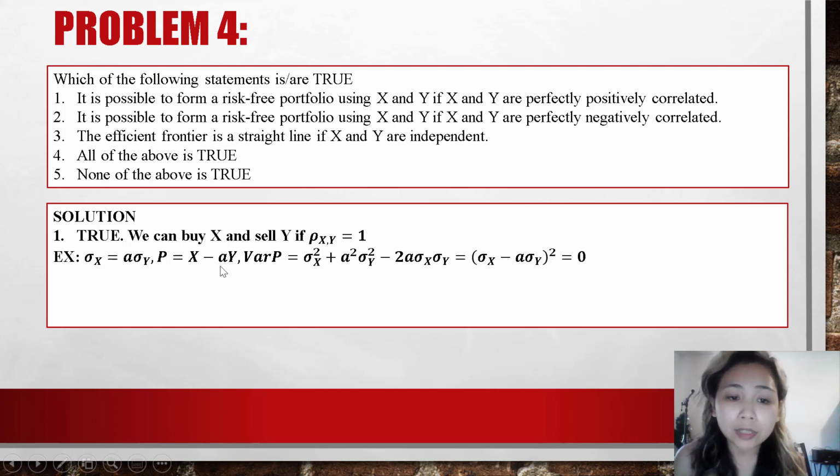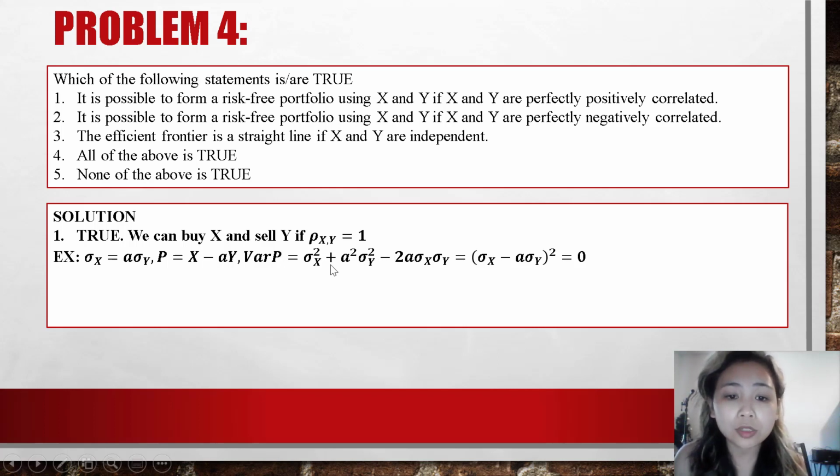And now if I calculate the variance, I get variance of P is sigma squared of X plus A squared sigma squared of Y minus 2 A sigma X sigma Y. Remember rho is 1. That's why I didn't mention rho here. The correlation coefficient between them is 1.